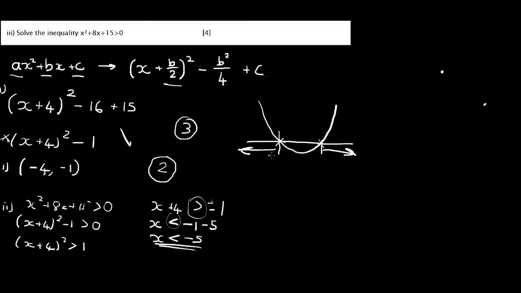So that is here, that would be minus 5. Then we can say x is greater than plus 1 minus 4, so x is greater than minus 3. So that value there is minus 3. So that solves that inequality, and we get 4 marks for that.